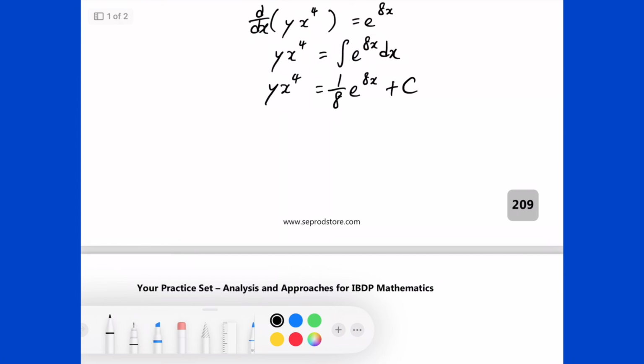At this moment, if we wish to find the value of this arbitrary constant, we can consider the given condition x equals 1 and y equals e to the power 8 over 8.